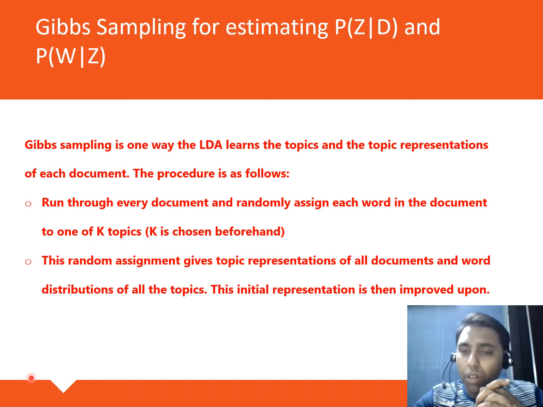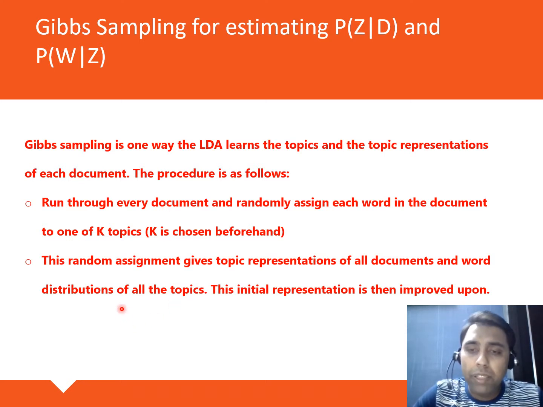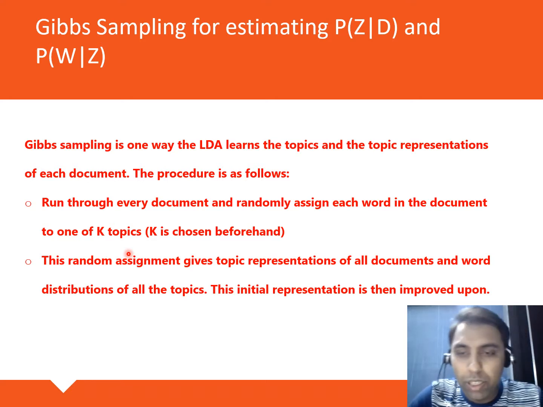If you do not have context into Gibbs sampling, don't worry, it won't stop you from understanding how the algorithm works at a high level. But if you have the context into Gibbs sampling and estimating distributions, I'm sure you can very easily relate to what I am saying out here. If you are not able to relate, don't worry. It's not going to be a showstopper for you.